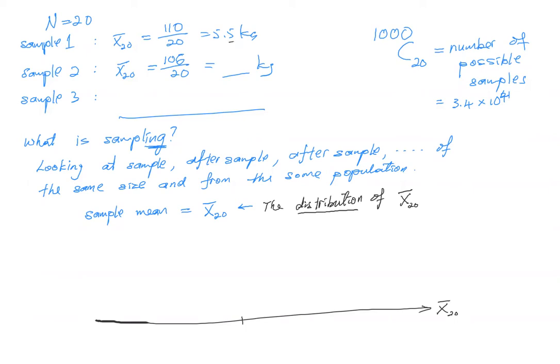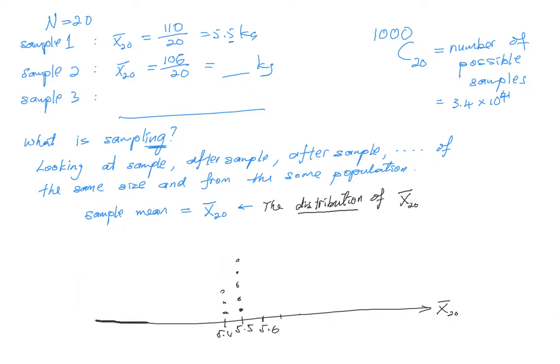Maybe one sample is 5.5. I get many samples, so I make the plot. I may have 5.6 and 5.4, then 5.6 here, and so on.